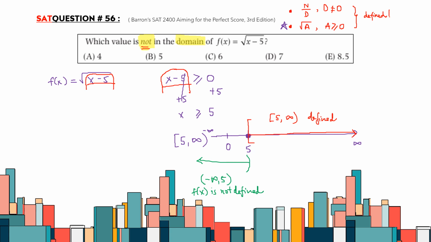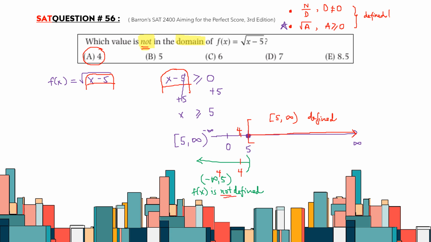So now we see that answer choice A, which is 4, is right here. So it's in that area right here, right? And it's not defined, right?